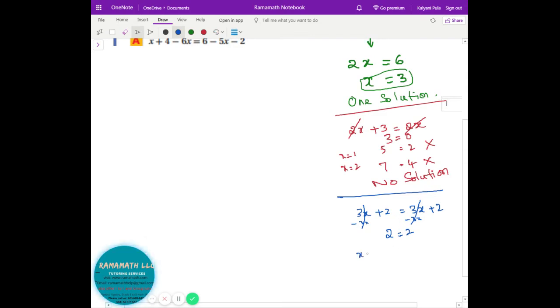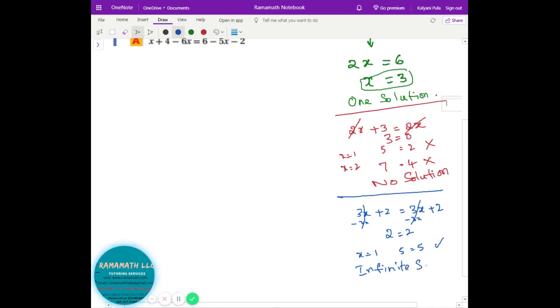For example, if x is 1, 3 times 1 is 3, plus 2 is 5, and on this side, 3 times 1 is 3, plus 2 is 5. So it is true, it works. It doesn't matter what number you take, it always works. So then it is called infinite solutions.